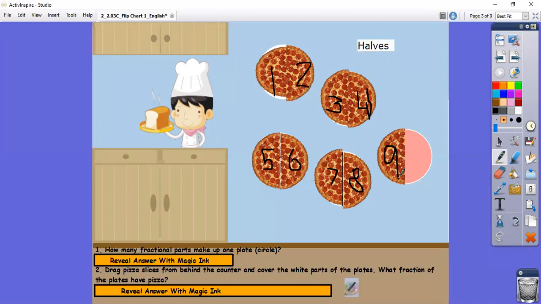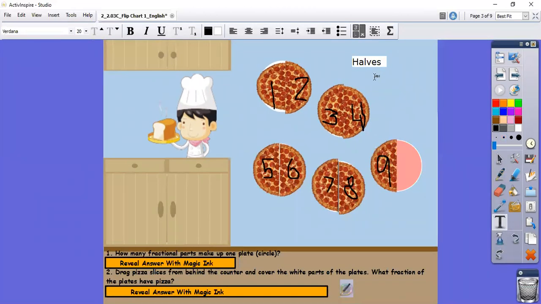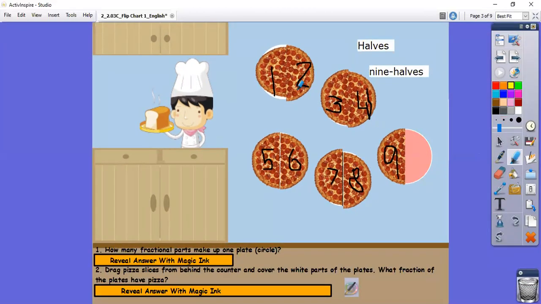9 halves all together. So let's take a look at what that would look like if I was to write it down. 9 halves. I wonder how many whole pizzas I would have. Let's use our strategy of putting a circle around the entire ones that are completely filled up. There's one right there.